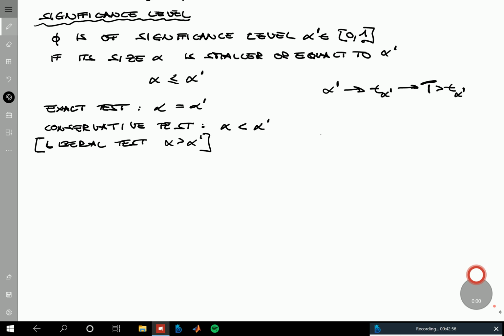Yeah? And so if, for example, this translation of a significance level into a critical value is not optimal or something, and you then do this, then the probability for phi being 1 under the null hypothesis may still be not the same as the significance level.